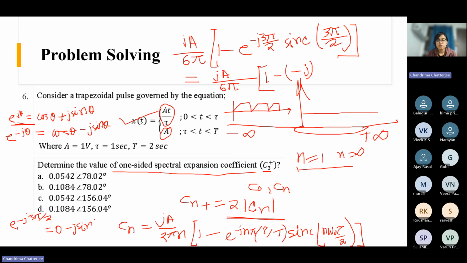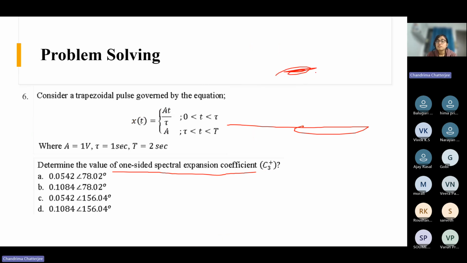Sin 3 pi by 2 is equal to minus 1, so minus 1 times minus j becomes only j.